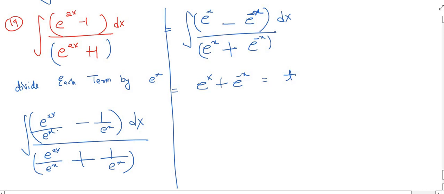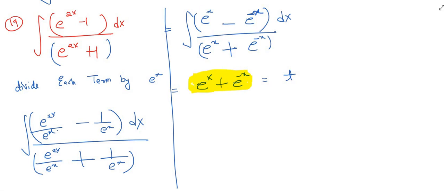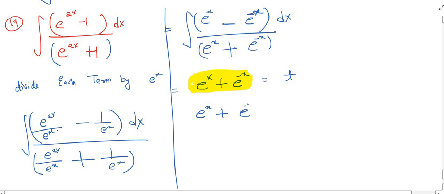Yes. Look at this denominator, let me tell you why. If I differentiate both sides, e raised to power x plus e raised to power minus x, by chain rule the derivative of minus x is minus 1, dx is equal to dt. Yes or no?